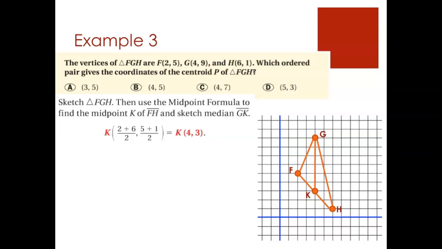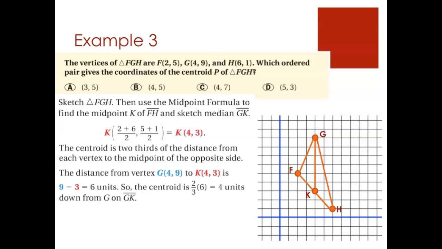Now, where do we go from here? We're trying to find the centroid P. Now remember, the centroid is going to mark 2/3 of the distance from the vertex to the other side. So if we can find the distance from G to K, and then we can find 2/3 of it, we'll be able to determine where exactly the centroid is.